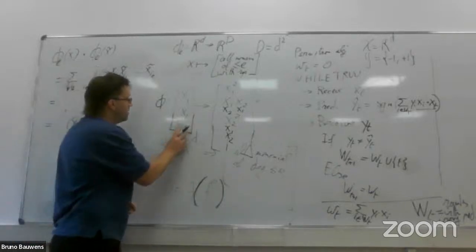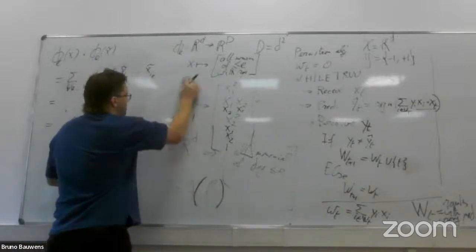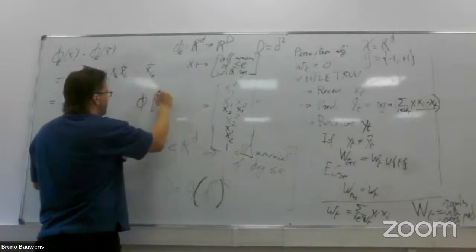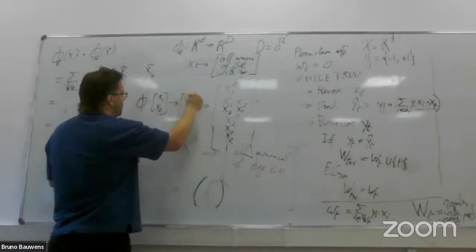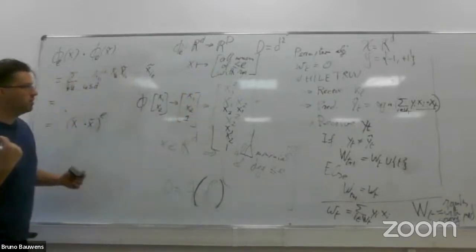So the mapping x1, x2 will first go. What I'm suggesting here is we get x1, x2. Let it first map to x1, x2 with 1 here, and then remember the previous map.